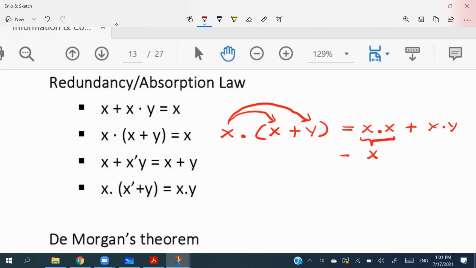That is from the idempotent law. And x dot y is going to be like that as well. And now you find what? මේකෙන් ආවා කියලා කියන්නේ ඒ ඉන්නේ මෙයා. Then the final answer is going to be x again. තේරුණාද?